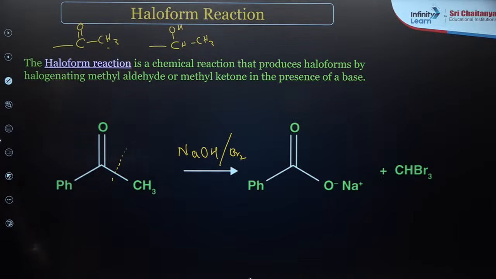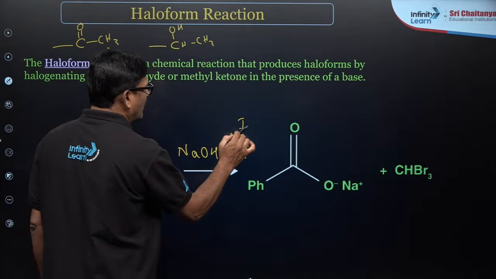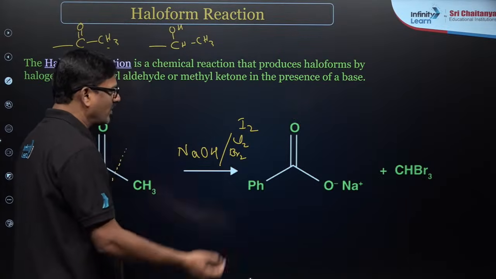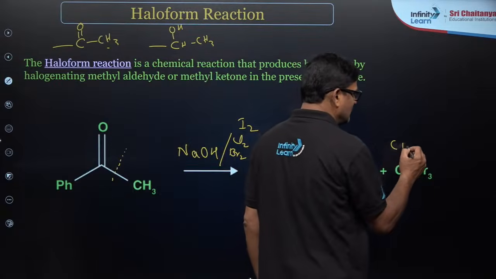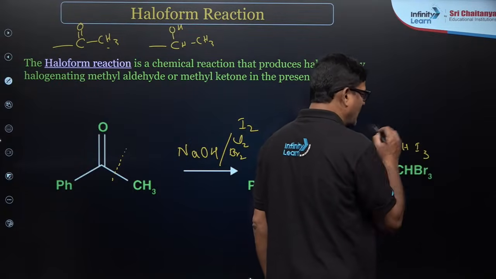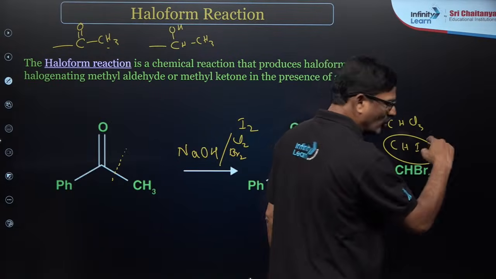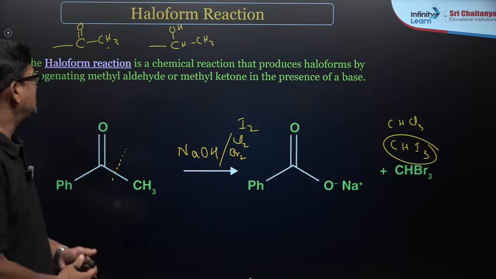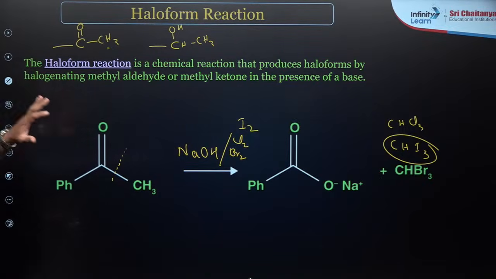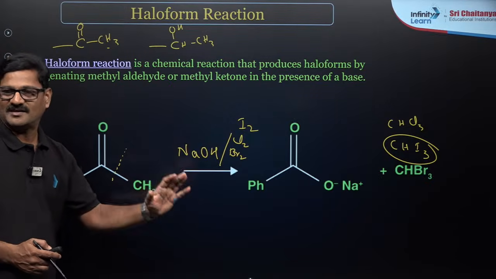You can use chlorine, iodine. You are going to see this bond is broken and you are going to get CHI3 if you use iodine, CHCl3 can be used. If it is CHI3, a yellow colour precipitate is going to be formed. And this haloform reaction is used to distinguish methyl ketones from non-methyl ketones.